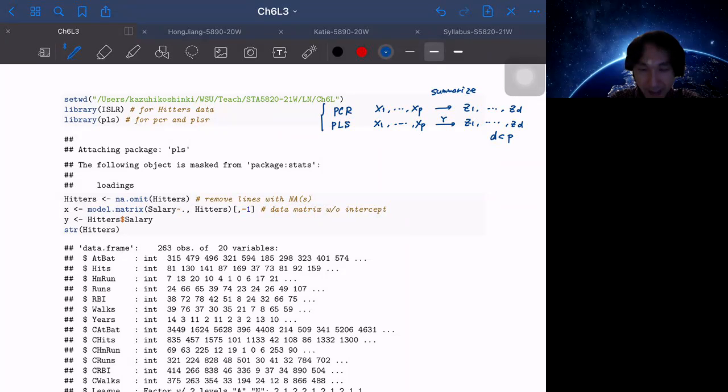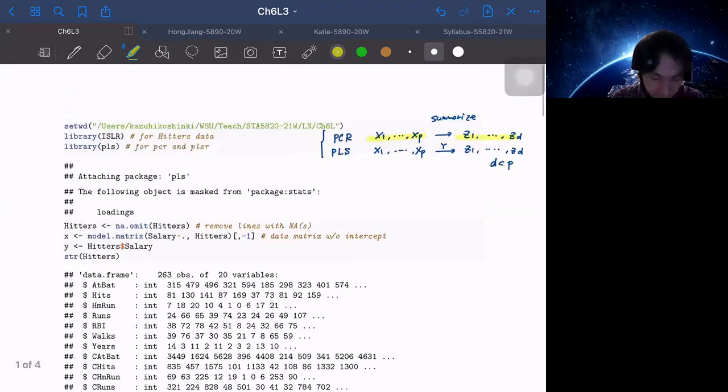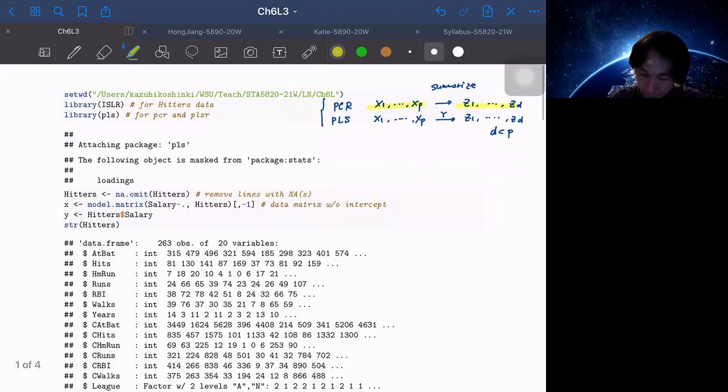So PLS is somewhat ad hoc because we use the information of y to find the best predictors. PCR doesn't use the information of Y to summarize X. That's the difference. So at least PCR is a fair method.